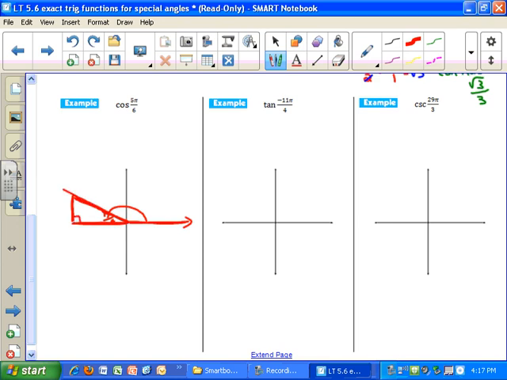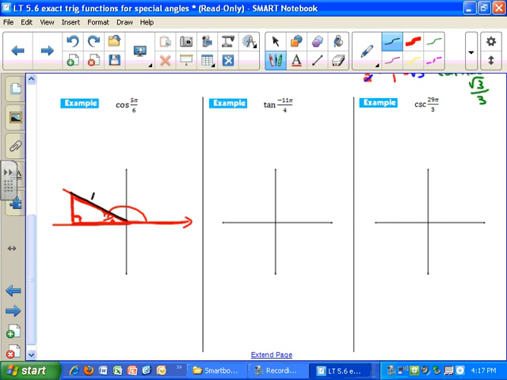Again, the reference angle is always formed by the terminal side and the x-axis that it's closest to, and we draw our perpendicular line to the x-axis. So using that left-hand trick, we can always label the hypotenuse as 1.